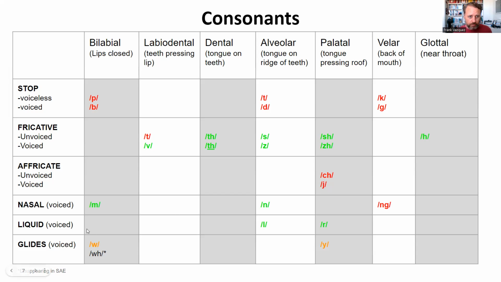So our last two sections here are the liquids and the glides. These ones can be a little trickier, especially the liquids. These are some of the harder ones for kids to pronounce early on, because there's some movement of the lip and tongue that has to happen here.